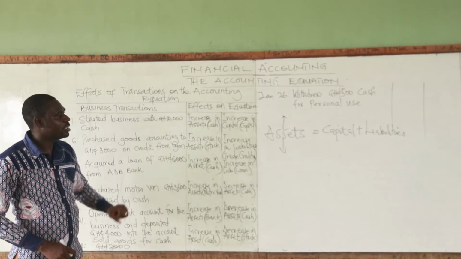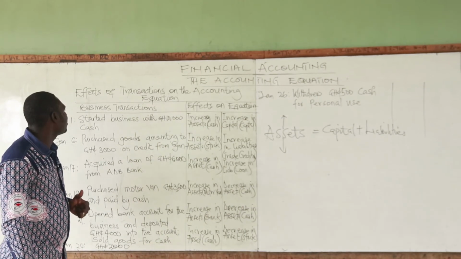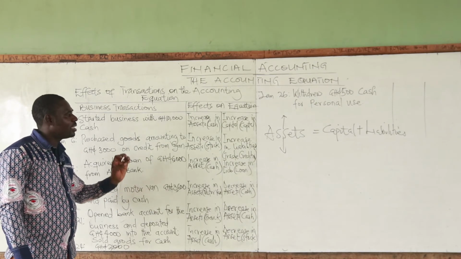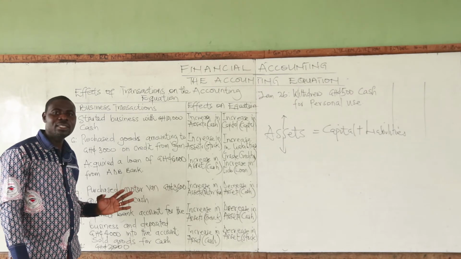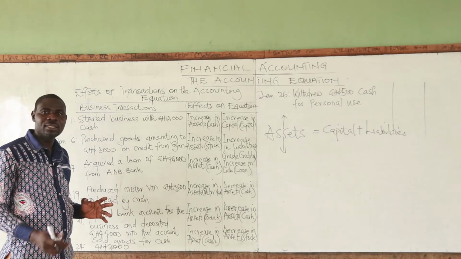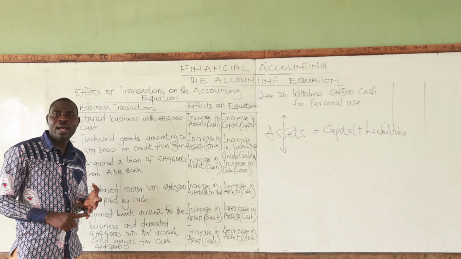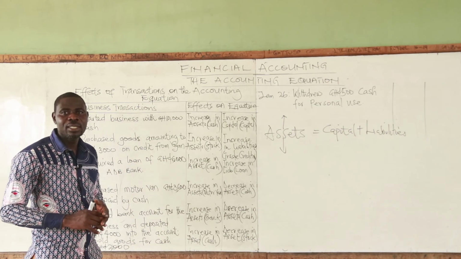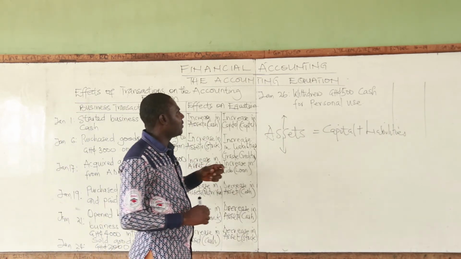This is how business transactions affect the accounting equation, affect the elements of the balance sheet: assets, liabilities, and capital. Okay, now it's left with the last one. Let's look at that.